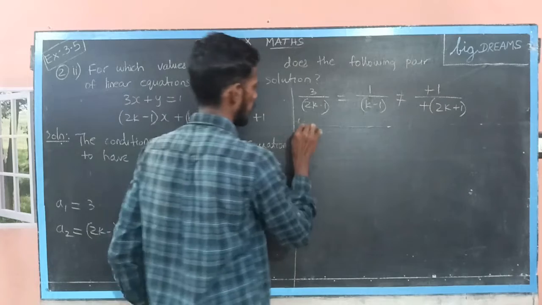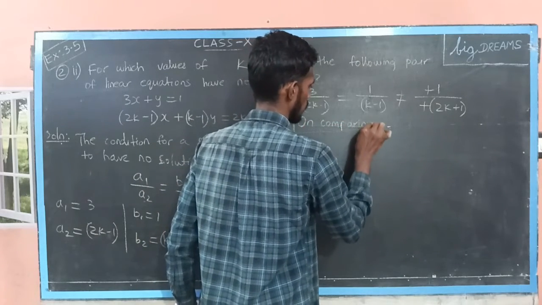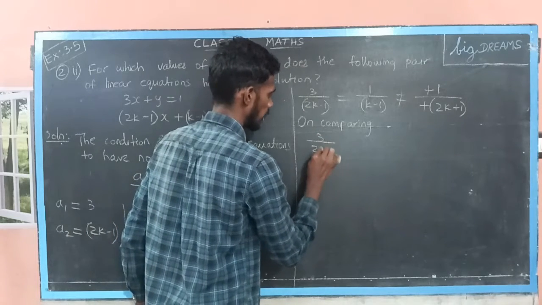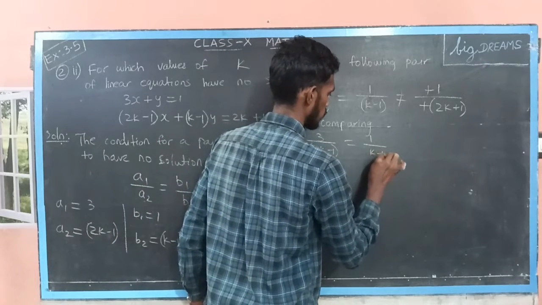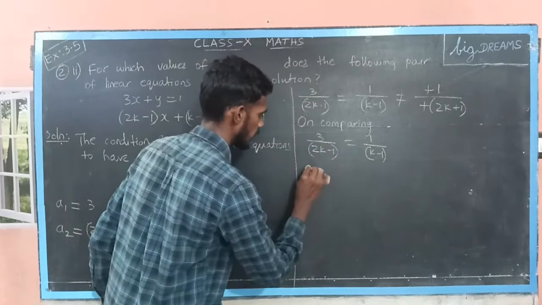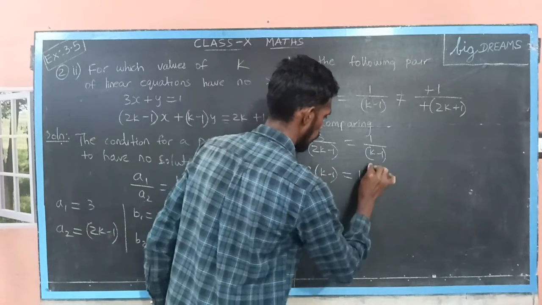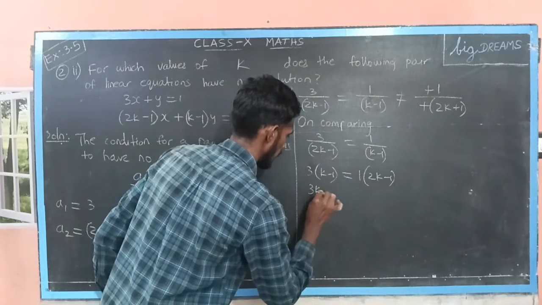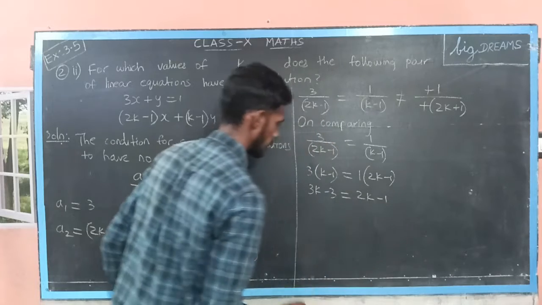Then on comparing the first two equalities, 3 by 2k minus 1 is equal to 1 by k minus 1. On cross multiplying it, I will get 3 into k minus 1 is equal to 1 into 2k minus 1. So it is 3k minus 3 is equal to 2k minus 1.